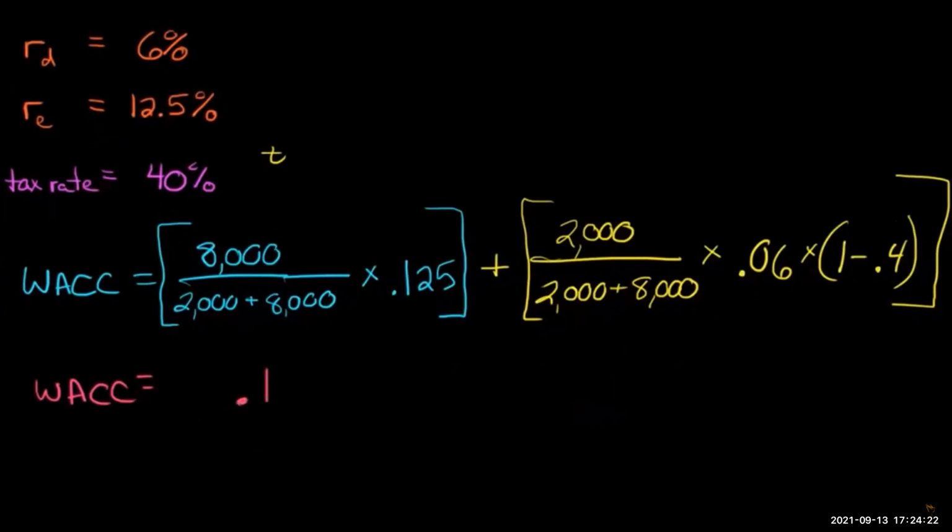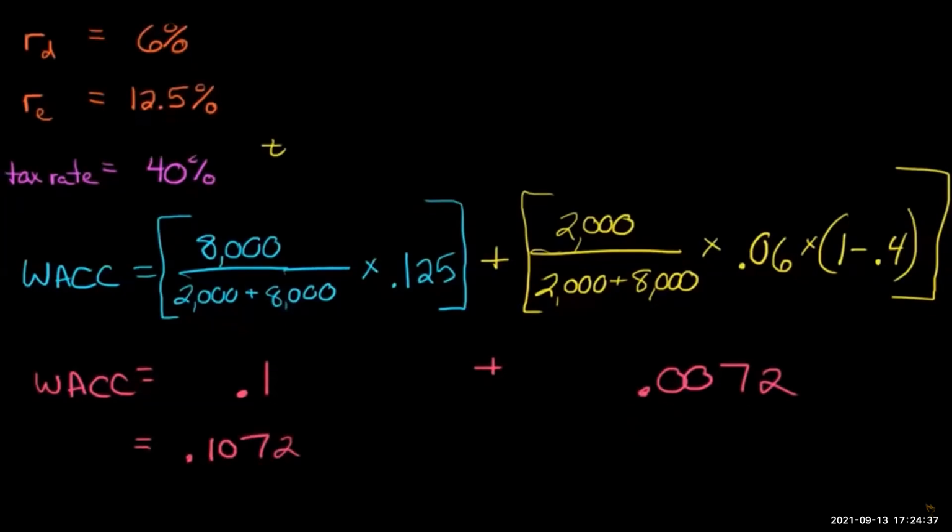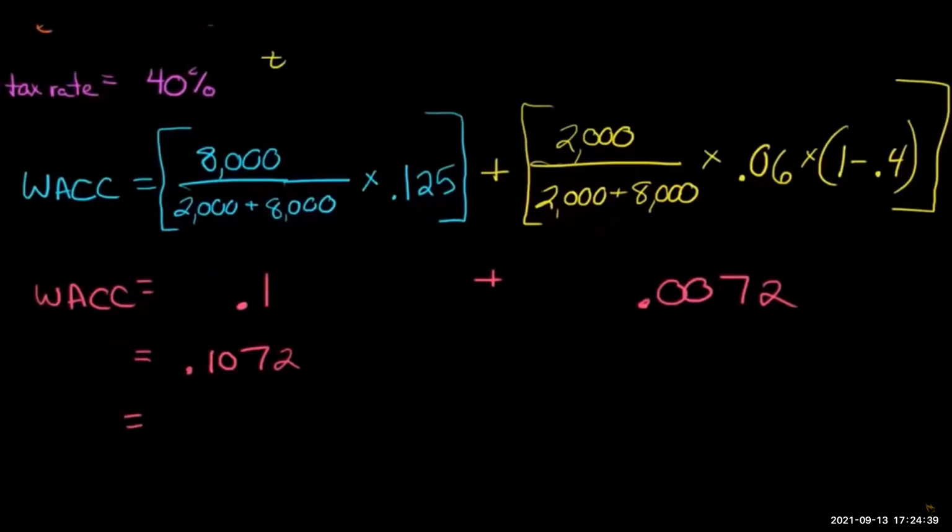Apologize there. So this is 0.1, and this piece is 0.0072. We add these together, and it's 0.1072, which as a percentage, a little easier conceptually, is 10.72%. So the weighted average cost of capital for this firm is 10.72%.